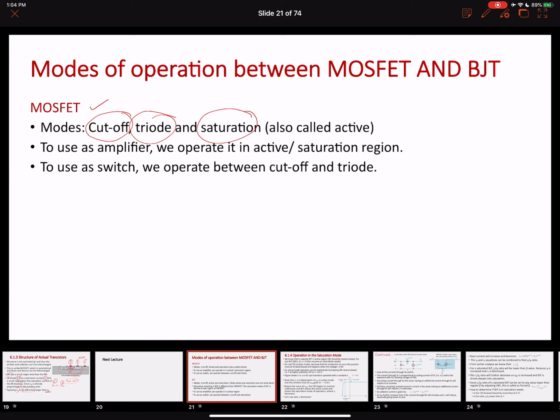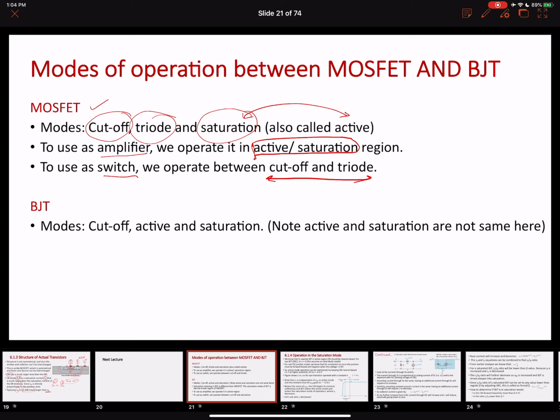We were using these words interchangeably when discussing amplifiers, saying that saturation and the active regions are the same. To use a MOSFET as an amplifier, we operate it in the active or saturation region. To use it as a switch, we operate it between cutoff and triode region.